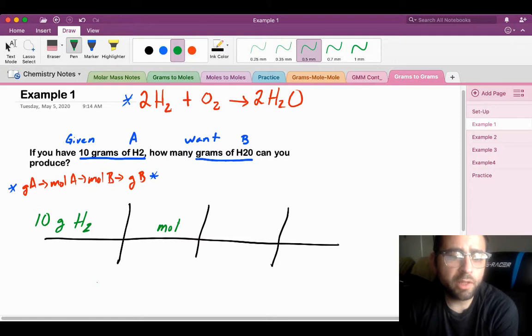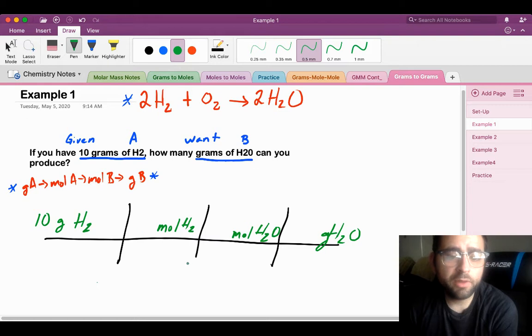And instead of saying A, my A is H2. So H2 goes right there. The next box is mole of B. Mole. And instead of saying B, this is what I want: H2O. So mole of H2O. And then the last box is going to be grams of B. And again, B is H2O. So my top is filled in with the units.